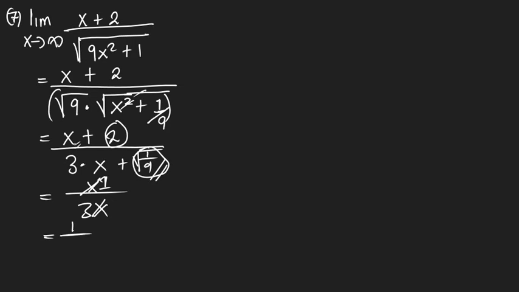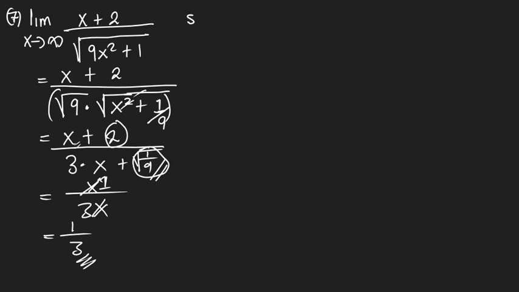So I'm going to have 1 over 3. Okay? That is basically how you solve this particular question. Okay? The easiest way. So you just have to look at the constants. Of course, constants are going to give you a value close to some 0, and then you'll be able to get something sensible. Okay? That is very simple.